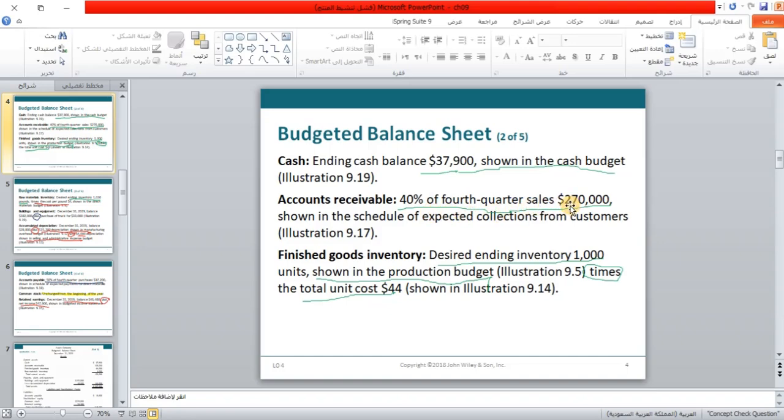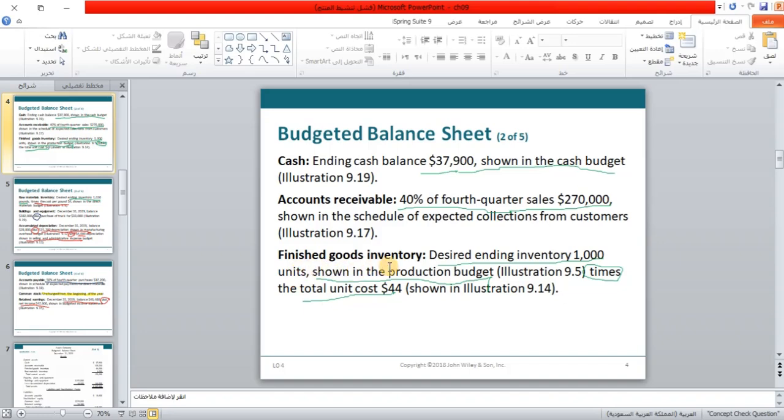As we know, the collection terms are 60% in the same quarter and 40% in the next quarter. So the accounts receivable now is 40% of the first quarter sales.